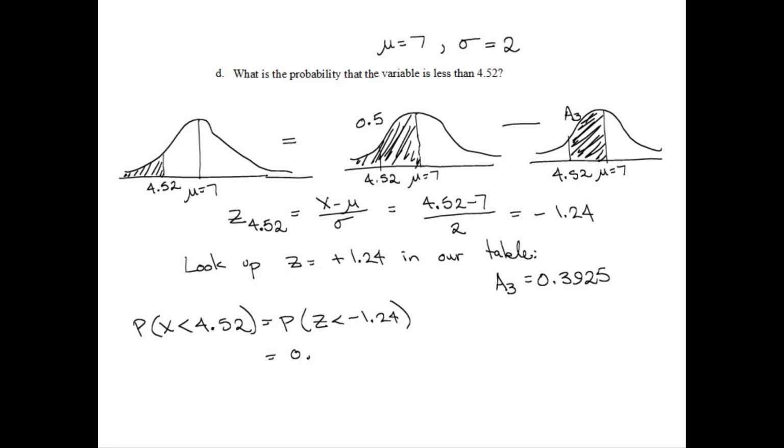This will be 0.5 minus A3, so 0.5 minus 0.3925. That gives me 0.1075. That's the probability that my variable falls below 4.52.